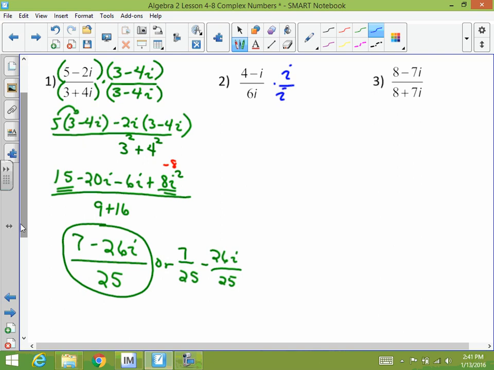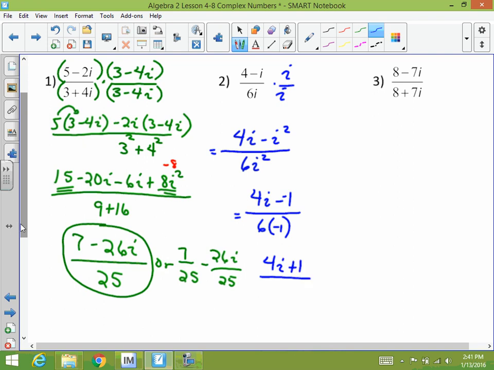So if I distribute that, I'm going to get 4i minus i squared over 6i squared. Well, i squared is negative 1, so that's going to be 4i minus a negative 1, which is 4i plus 1, over 6 times negative 1, which is negative 6.